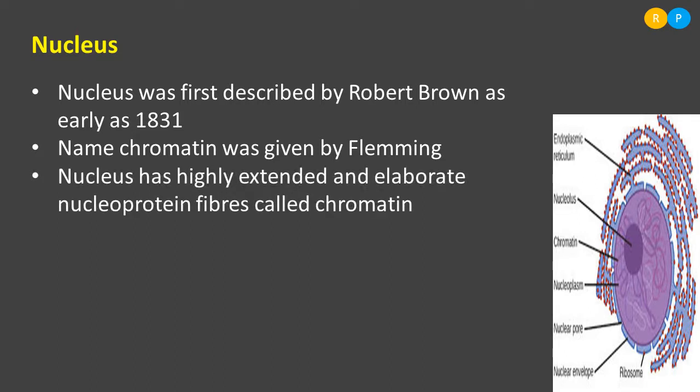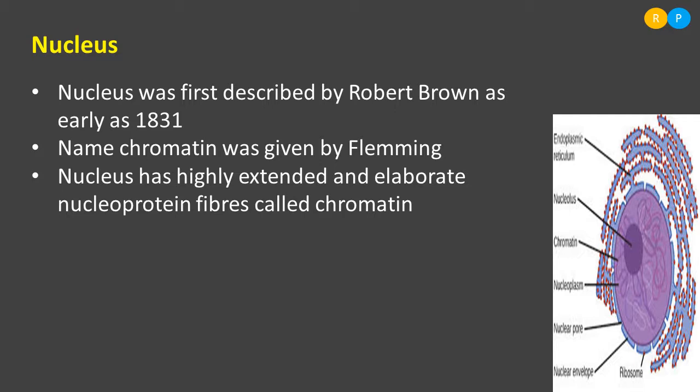So the nucleus has highly extended and elaborate nucleoprotein fibers called chromatin. Chromatin is a very elaborate structure, a long thread-like structure, highly coiled within the nucleus, and made out of proteinaceous fiber.